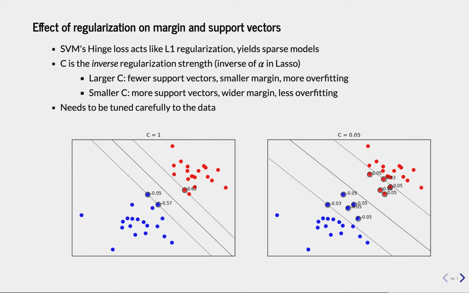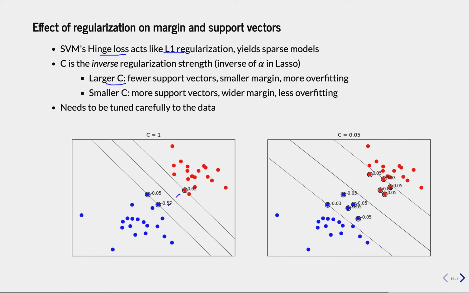Now, what's the effect of the C parameter on the margin? So the normal SVM's Hinge loss acts like an L1 regularizer. Okay? And since C is the inverse regularization strength, so the inverse of the alpha, it means that if we have a large C, we'll have fewer support vectors, a smaller margin, and more fitting.